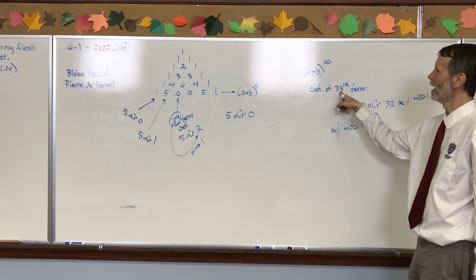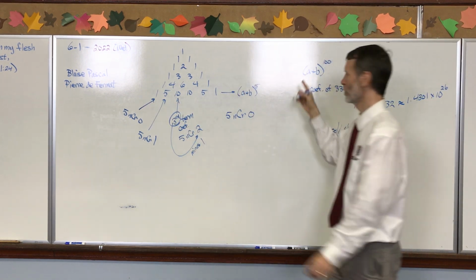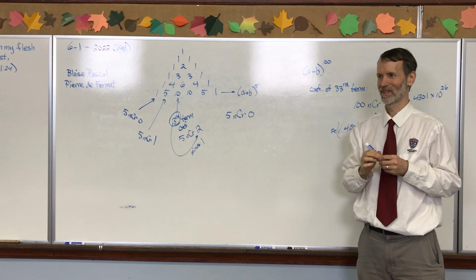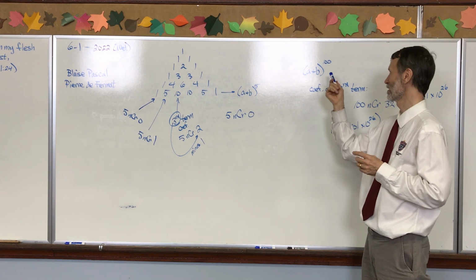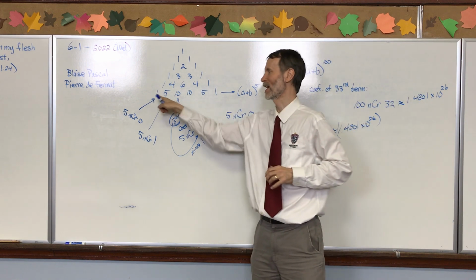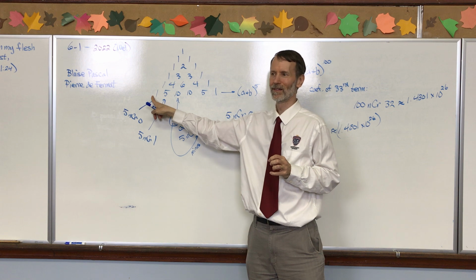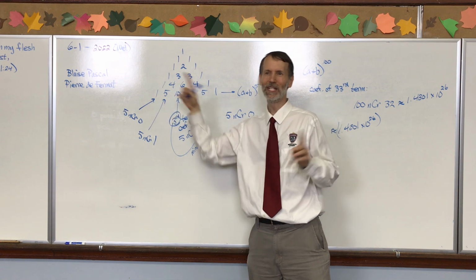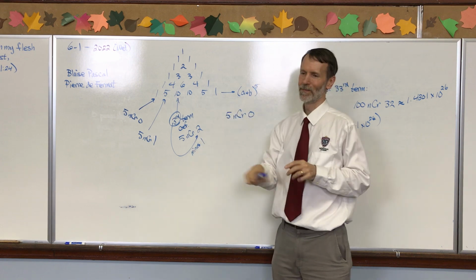Question. The very, very first term. What's the power of a? Or in this case, the very first one, before you start counting along. It'd be a to the what? 100. And b to the what? 0. That's the first term.